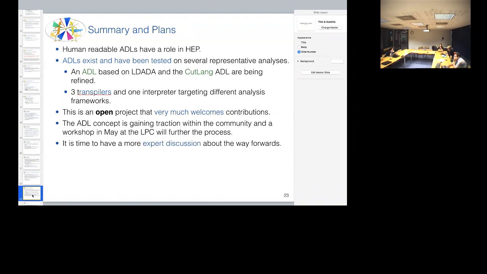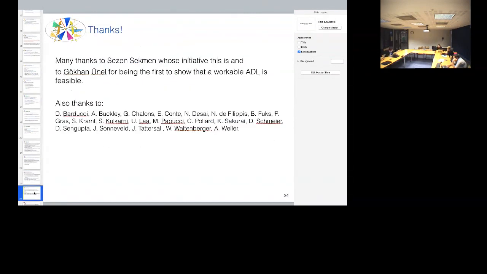Okay, thanks. Are there any questions in the room? Can I ask a question? Yes, please. Thank you, Harrison, for a very interesting talk. My name is Yuka Takashi. If I understand correctly, all the ongoing projects, the transpilers and interpreters that you mentioned, are using some amount of C++ layer, calling it an API or library, right?